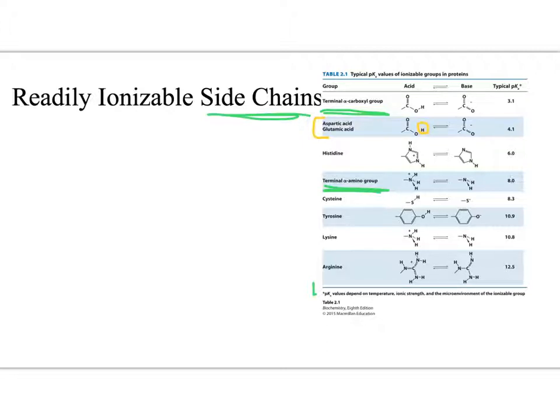We have the histidine, cysteine, tyrosine, lysine, arginine. All of these are side chains that are ionizable. And so when that proton is removed from the side chain, that's dictated by the pKa. And so we can see how this varies depending on what that side chain is.